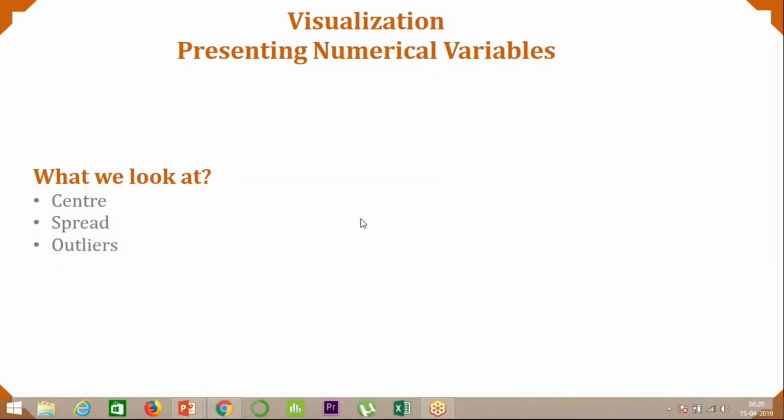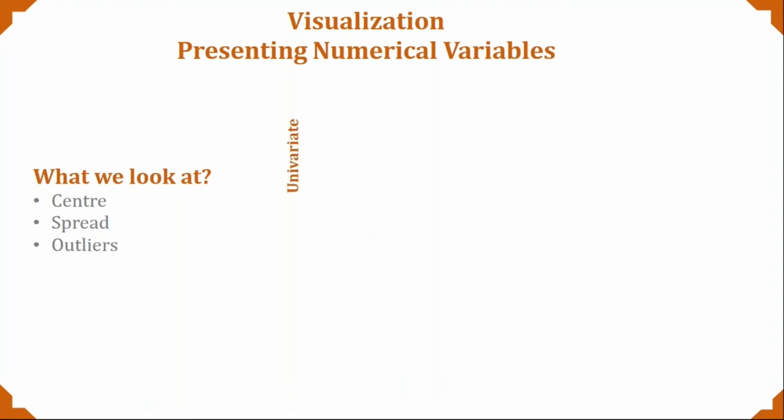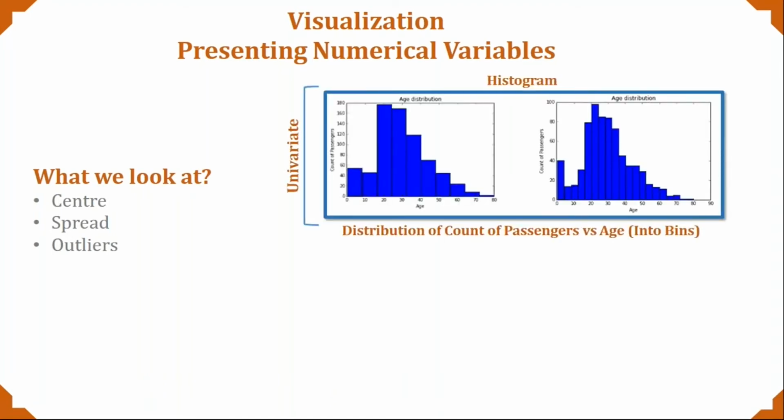So you might have heard about histogram, right? For the univariate analysis, we shall be using it. As Pooja said, it is the same as a bar chart, but for continuous variables. The one thing in histogram is it divides the continuous data into intervals or bins.